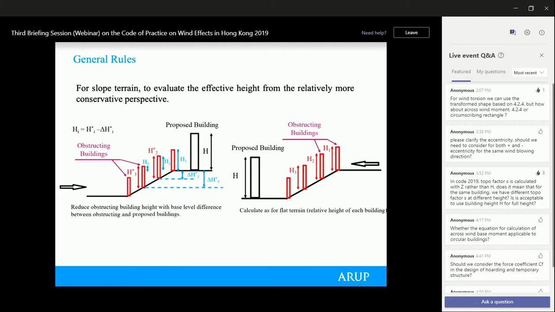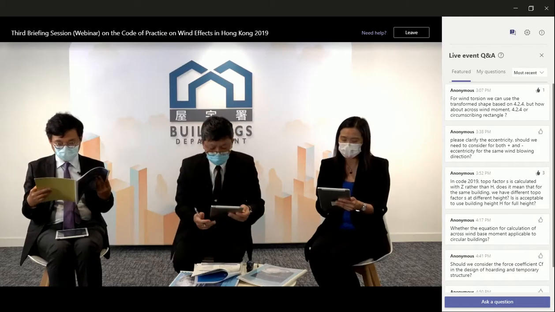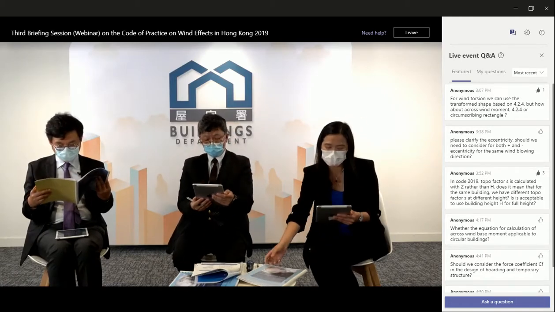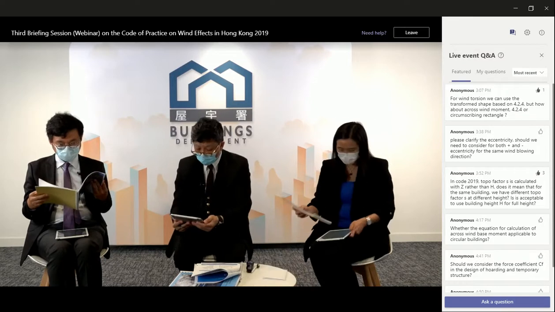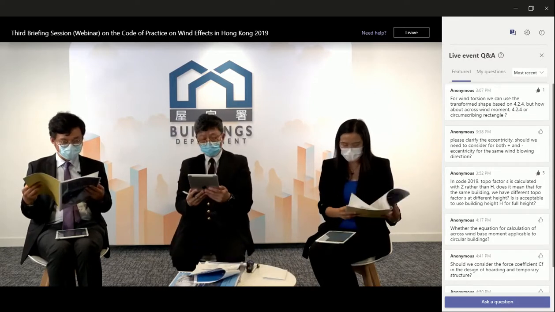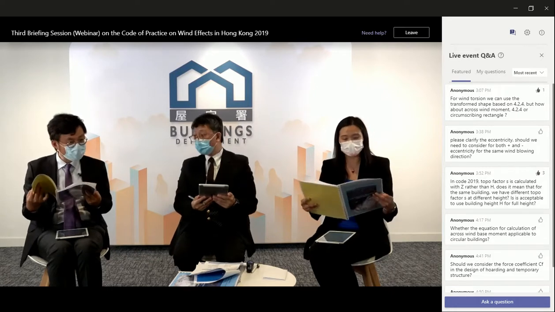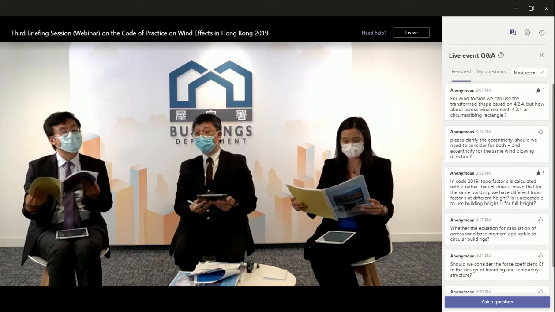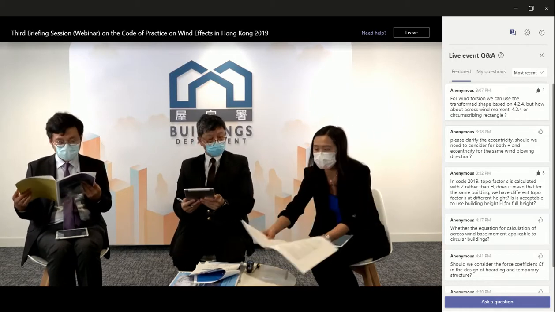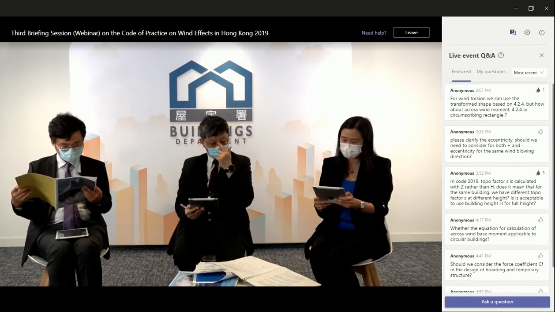Okay, the next one is for wind torsion. We can use the transform shape based on 4.2.4. But how about the across wind moment? I think they're talking about the enclosing rectangle. Yes, enclosing.